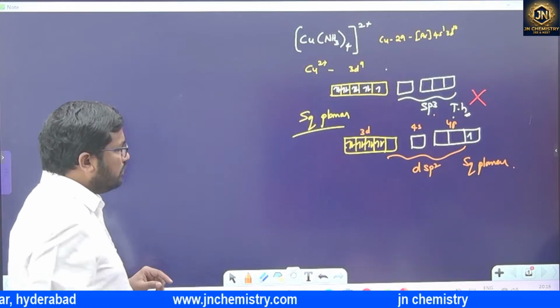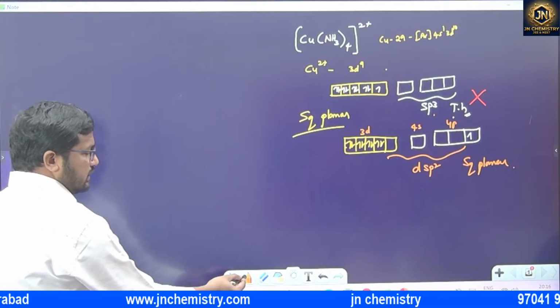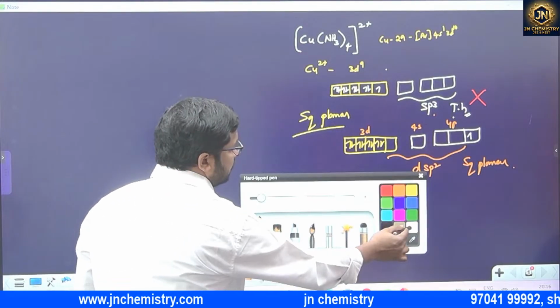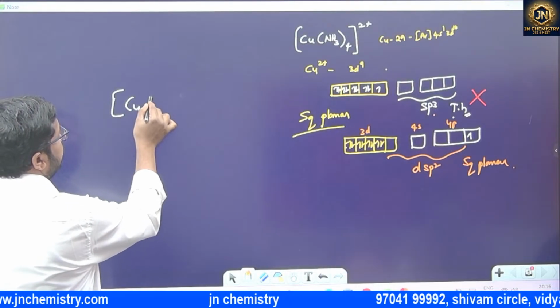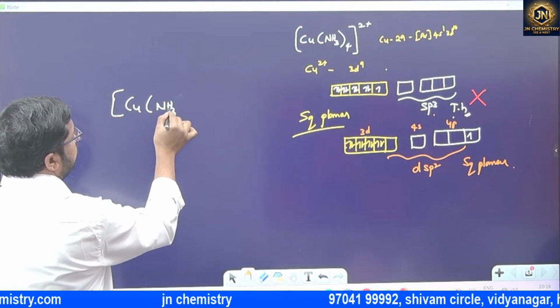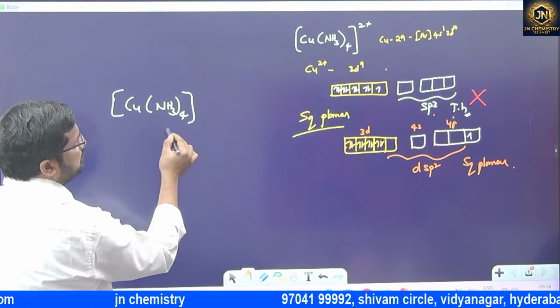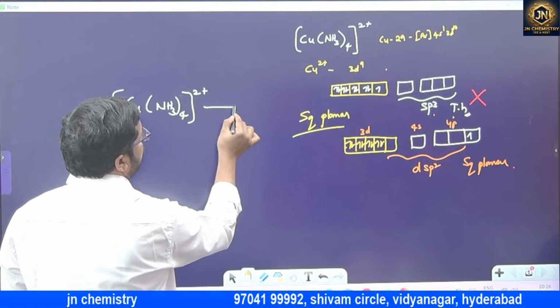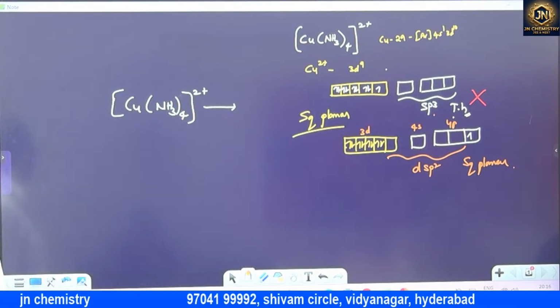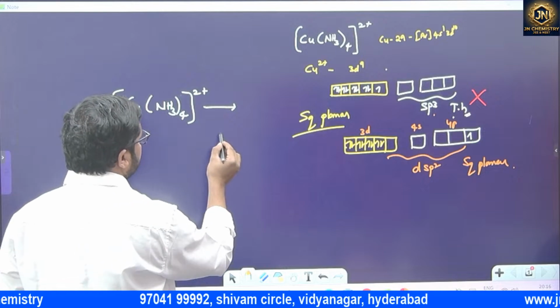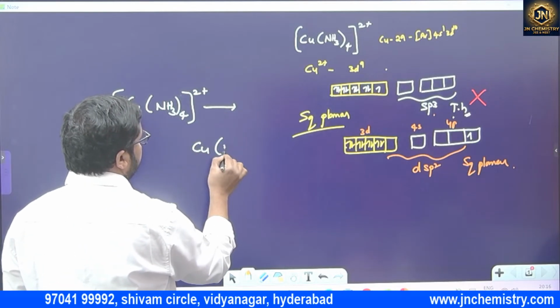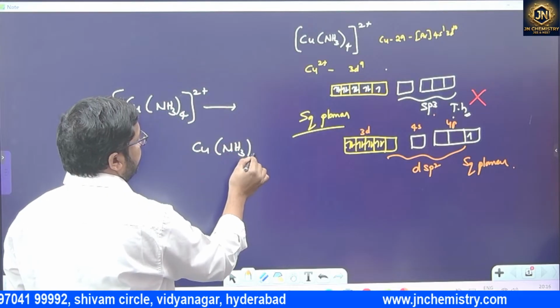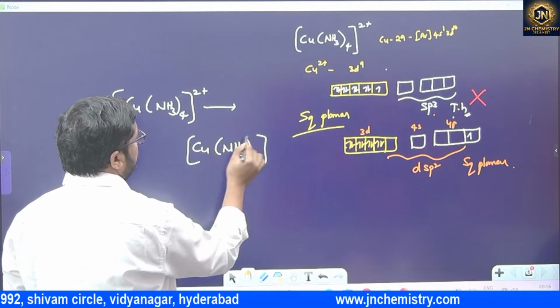So this complex can undergo oxidation. Why does it undergo oxidation? Because valence electron is there, right? [Cu(NH3)4]2+, if undergoing oxidation means removing the electron. So what exactly happens? [Cu(NH3)4]3+ now.